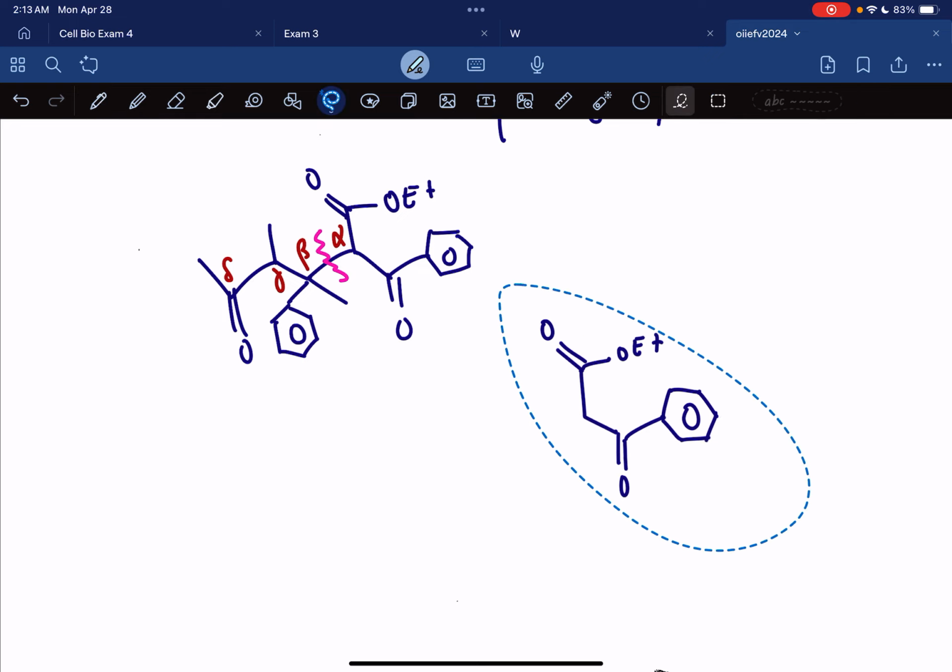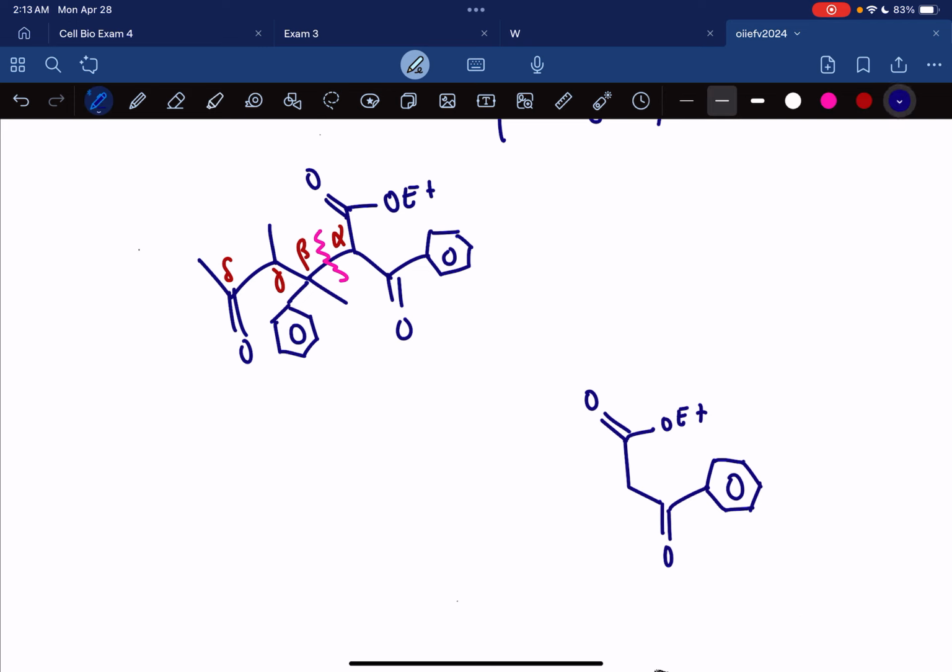And then the other piece is going to be the Michael acceptor. And you're going to want to just split the alpha and beta, and then keep everything else the same. So this is still going to be here, this is still going to be here.